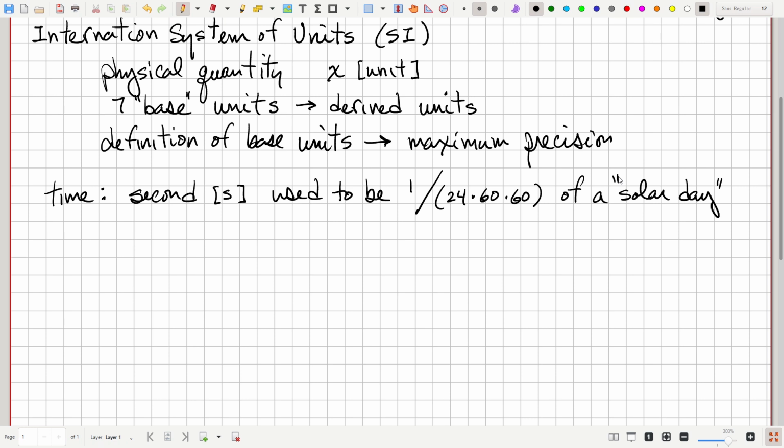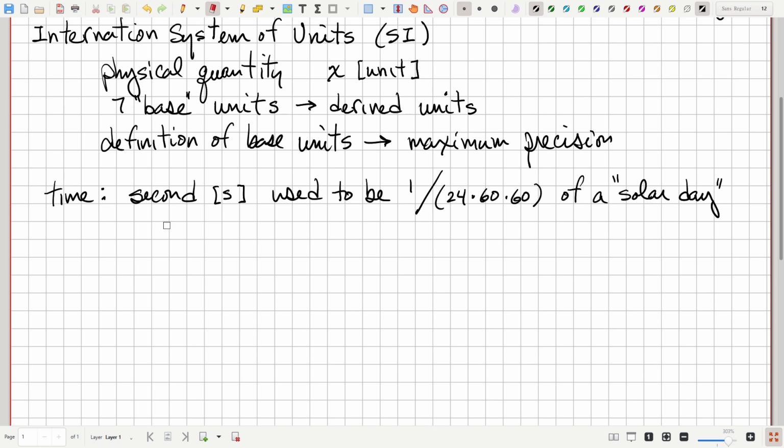So that's a little different than the time it takes for a star to return to the same position in the sky. That would be called a sidereal day. Okay, and then this is just the idea that there are 24 hours in a day and 60 minutes in an hour and 60 seconds in a minute. So for most of history, that was the definition of a second.